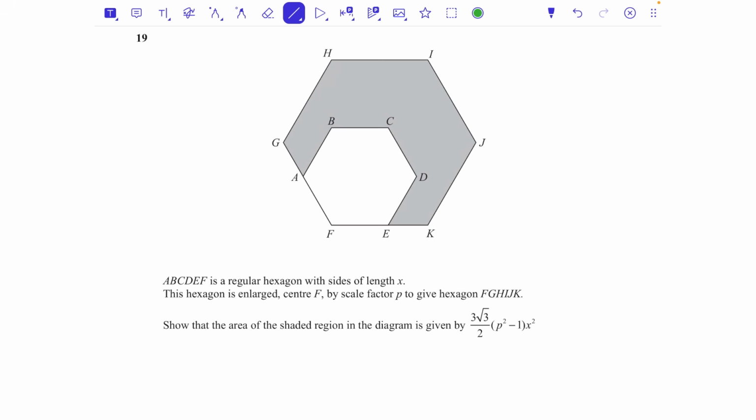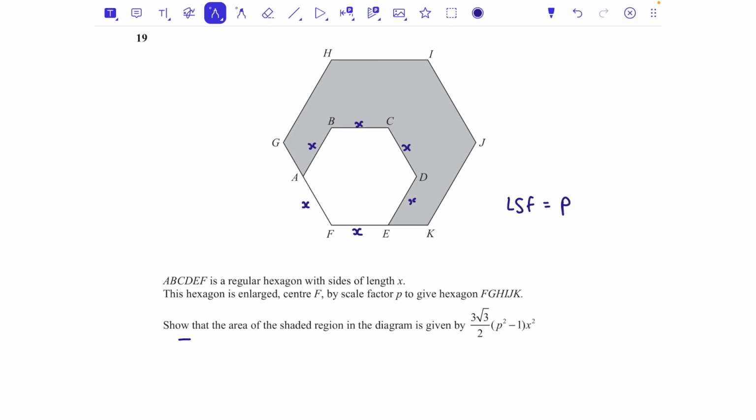Now, we've got a regular hexagon with side lengths x, so let's draw that in. I've got x here, x here, x here, x here, and so on. And then the hexagon is enlarged, scale factor p, centre F, to give the bigger hexagon. So the linear scale factor is p, so it's p times bigger.